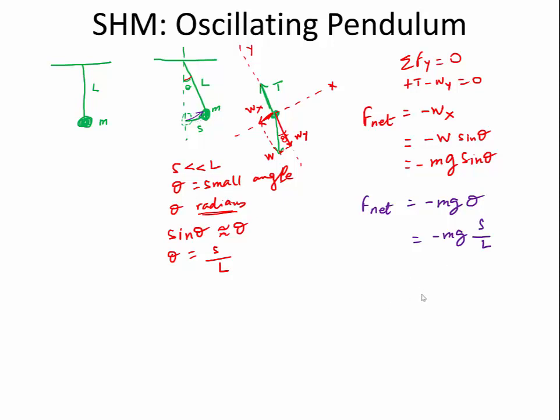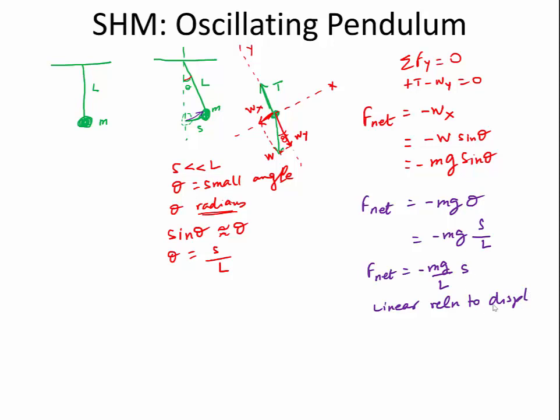And we see that the net force is, and let me just rearrange this to be more consistent with the other form we have discussed, I'm just going to move the L over here. It doesn't hurt the algebra to do that. So I've got this force now is a linear relationship to S, the displacement. The power of S is just 1.